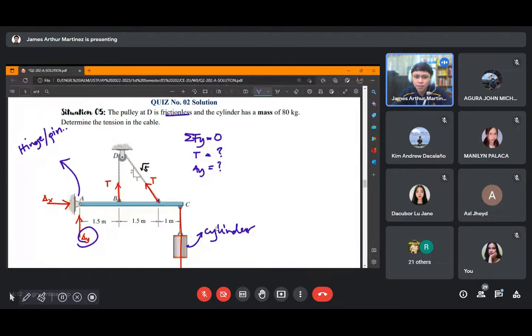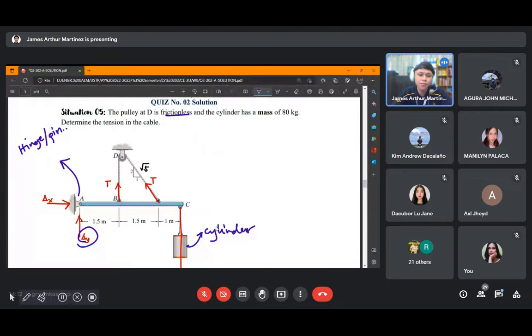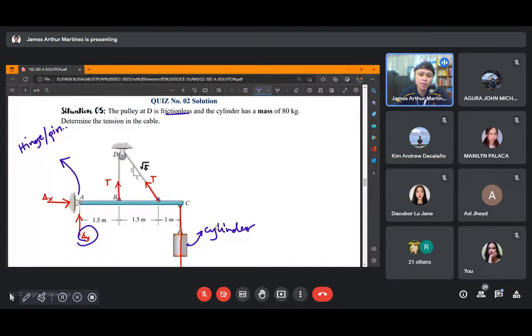Okay? So, meaning, proceed sa third equation for equilibrium, which is the summation of moment equal to 0. Okay? So asa man ta pwede mag-moment? Nako na siya gi-discuss last time also nga basta hinge or pin support, they don't have resistance to moment.